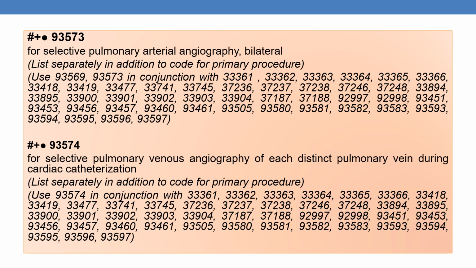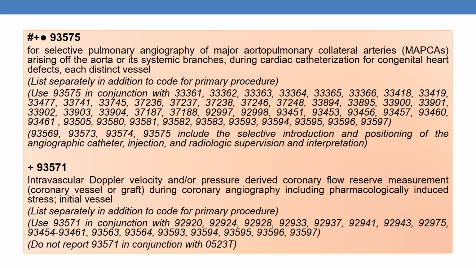Next is 93574, also a new code, for selective pulmonary venous angiography of each distinct pulmonary vein during the cardiac catheterization. The next is 93575 for selective pulmonary angiography of major aortopulmonary collateral arteries, MAPCAs, arising off the aorta or its systemic branches during the cardiac catheterization for congenital heart defects, each distinct vessel. It must be reported for each distinct vessel.